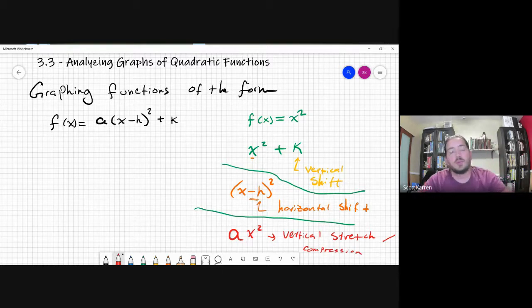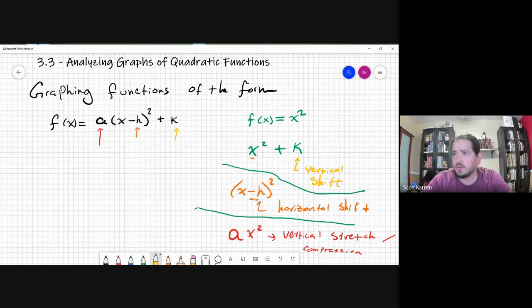But over here, I have all three of those things happening at the same time. I have my vertical stretch or compression, I have my horizontal shift, and then I have my vertical shift, right? All three of those things are happening.